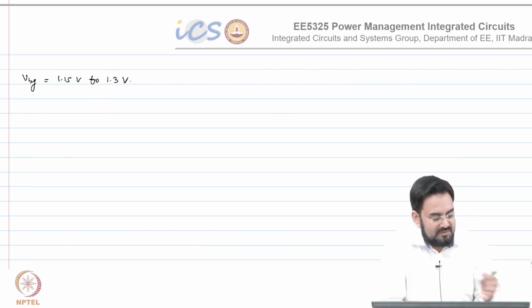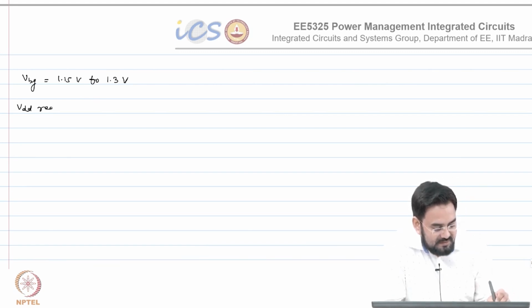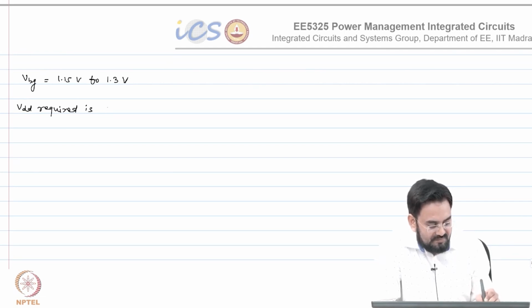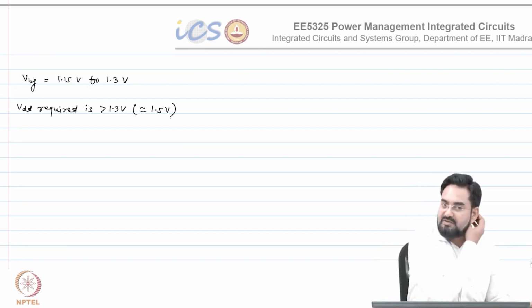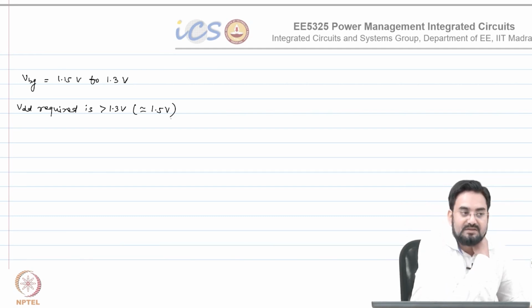So, VDD required is more than 1.3 volt, approximately 1.5 volt or so. That is the minimum VDD you require. So, you cannot operate this below 1.5 volt, this band gap.